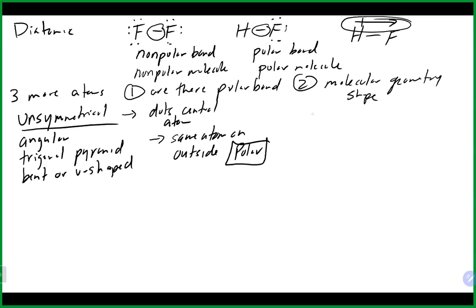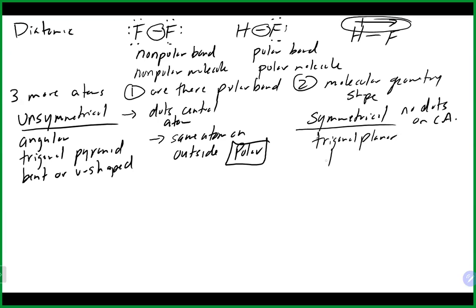You'll be good. For symmetrical geometries, those are the ones where there are really no dots on the central atom. So for us, that would be trigonal planar and tetrahedral.